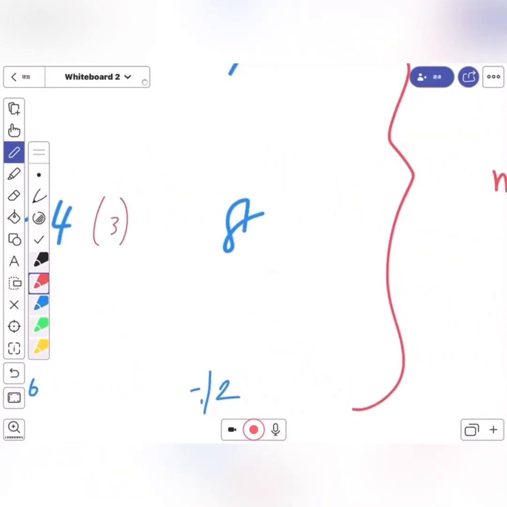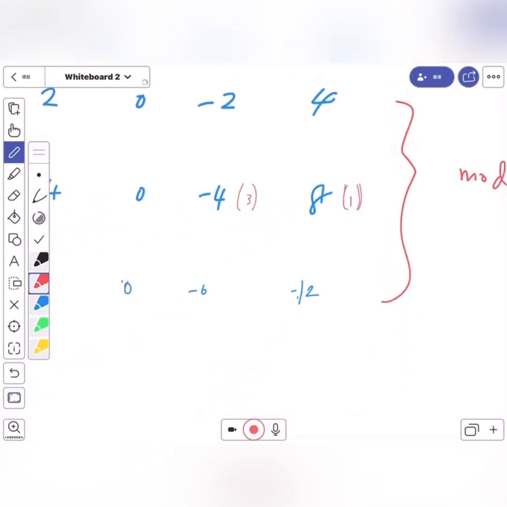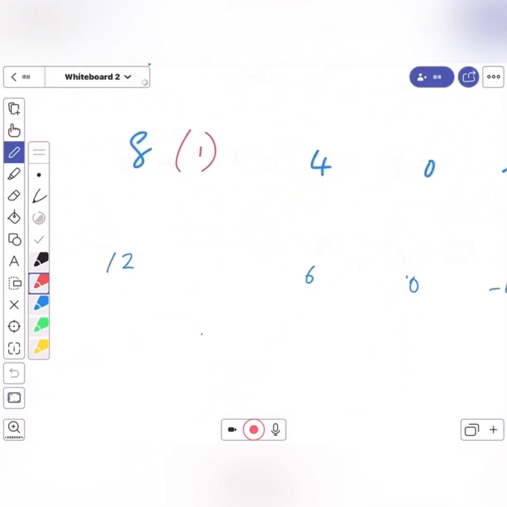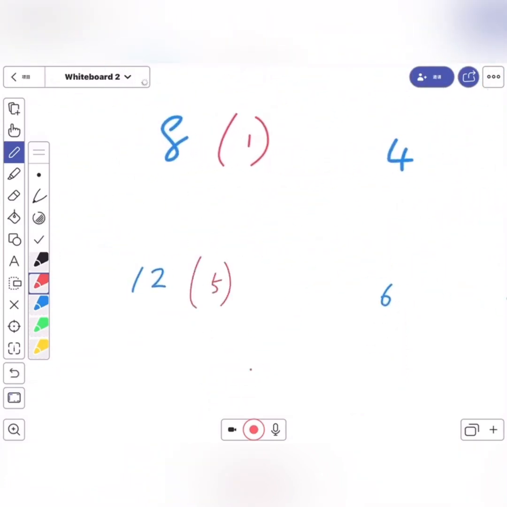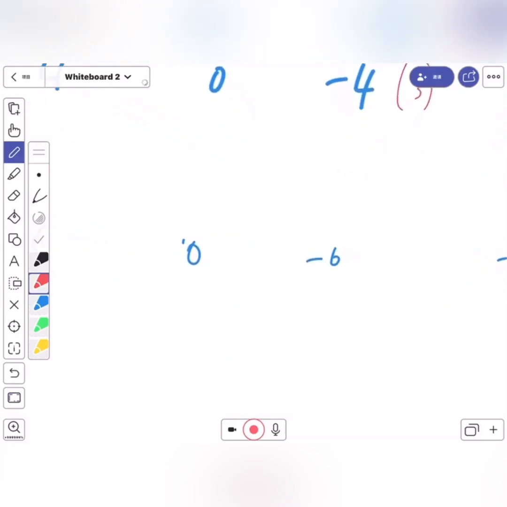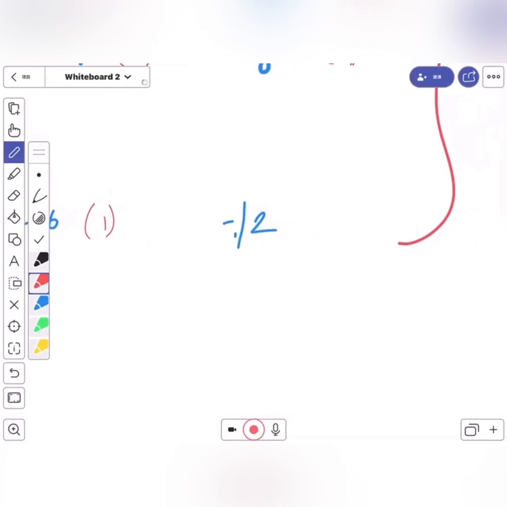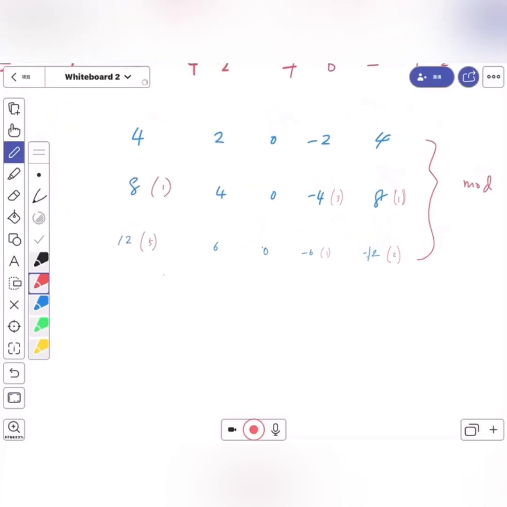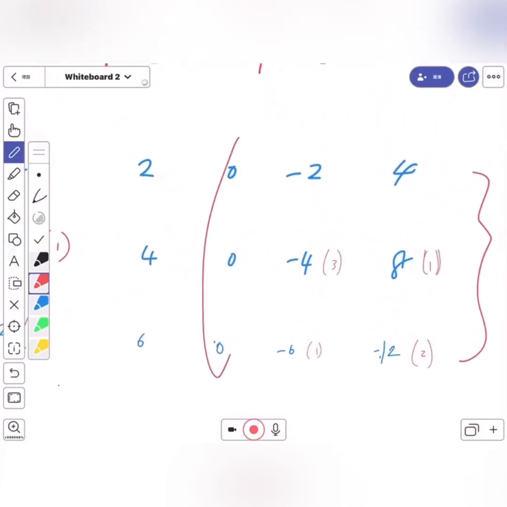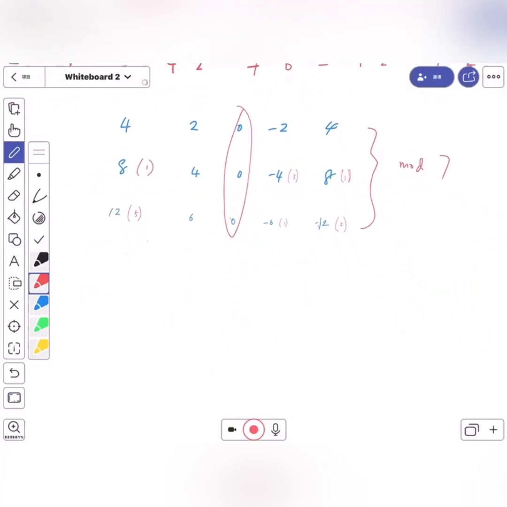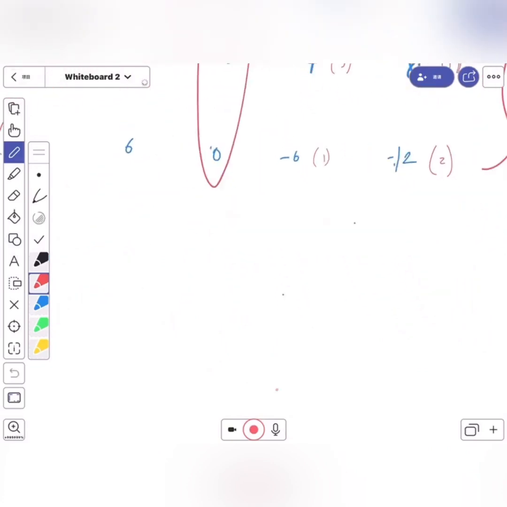And 8 is just 1 mod 7, 12 is 5 mod 7, 6 is just 6, 0 is just 0, negative 6 is 1 mod 7, and negative 12 is going to be negative 5 mod 7, which is 2 mod 7. So ignore all the zeros, because zeros are just constants, so it's just going to be 1. So essentially, these actually sum up to 18.